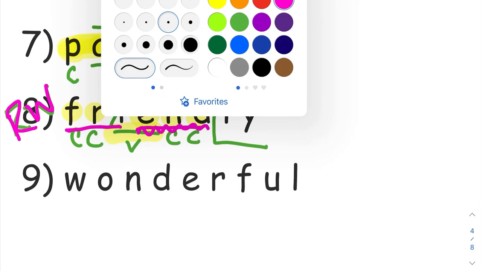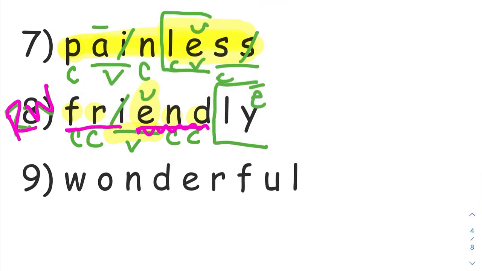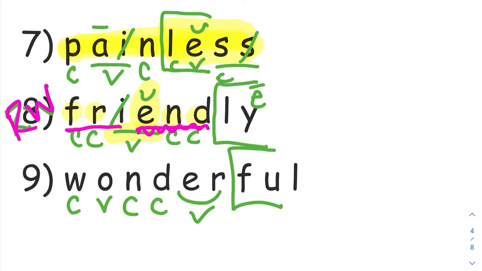Number 9, we'll see our suffix full as we code our vowels and consonants. Hope you notice that first best choice for the ER, divide in between the consonants. Now we see our first consonant.